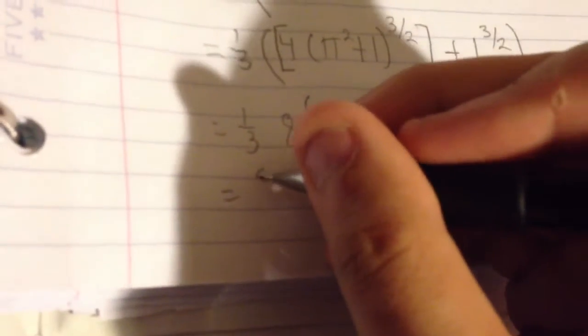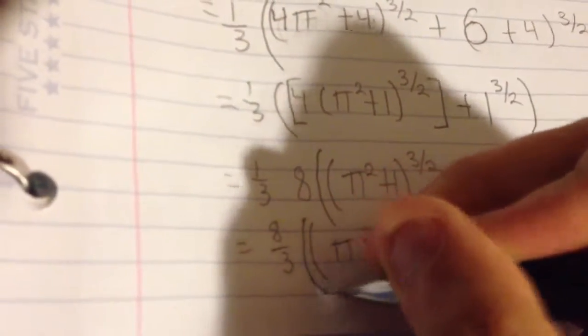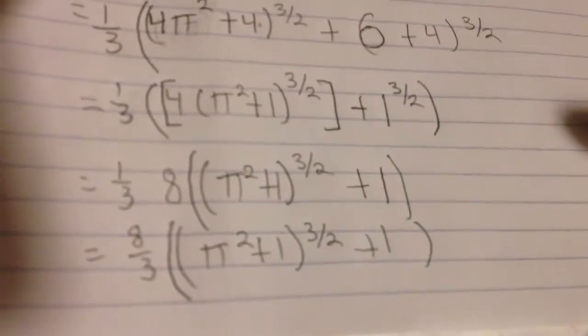And finally, 8 and the 1/3, you can multiply those together, and you'll have 8/3 times pi squared plus 1 to the 3/2 plus 1. And there's your answer.